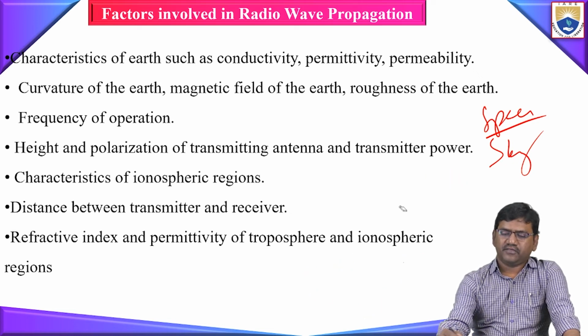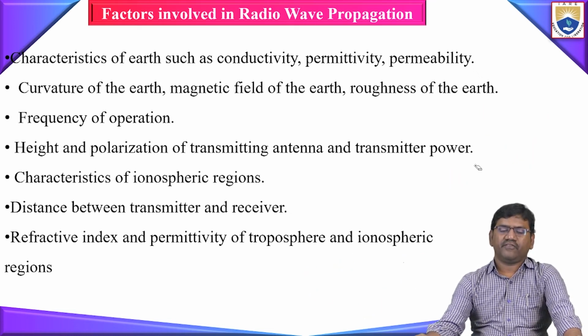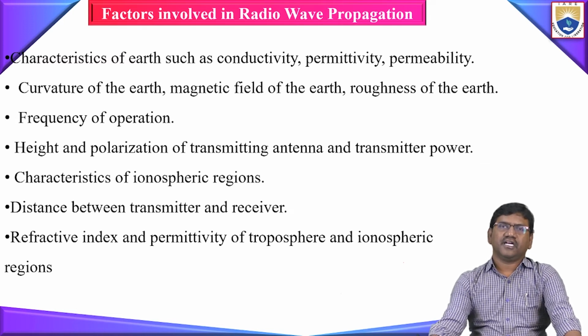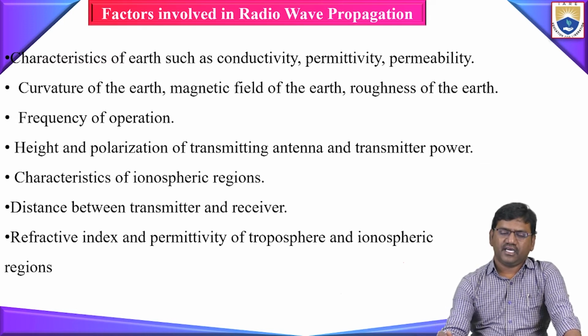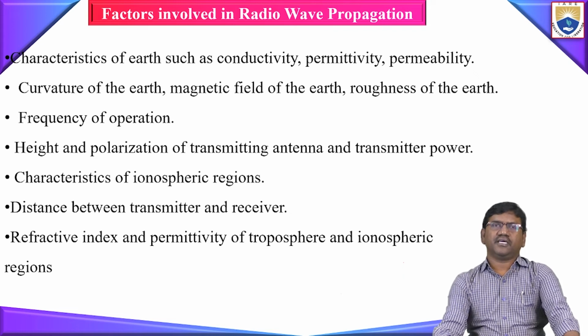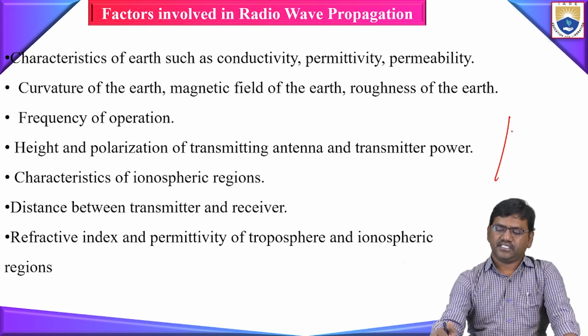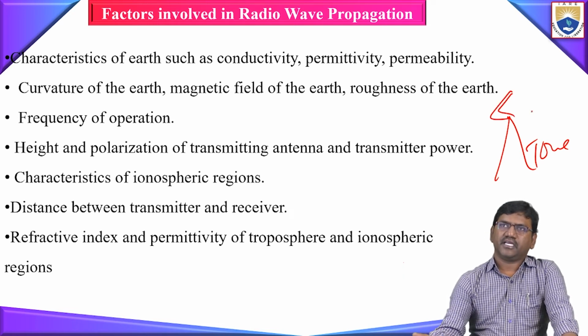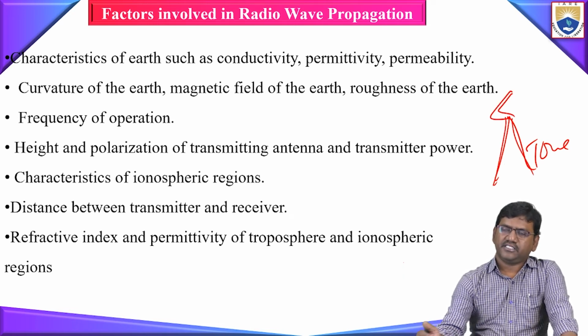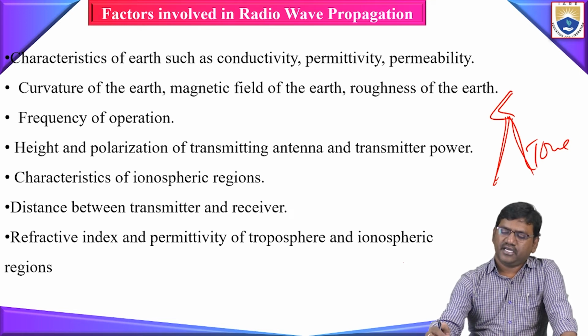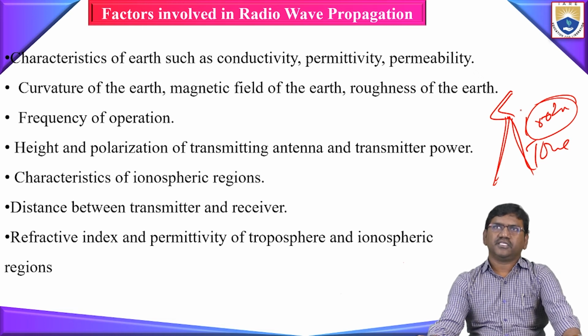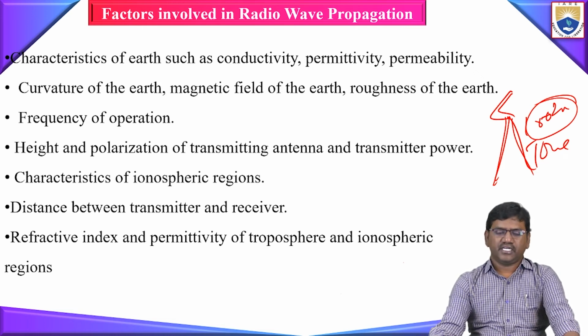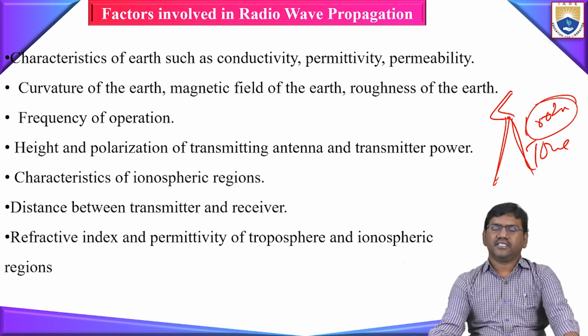The height and the polarization of the transmitting antenna and the transmitting power are factors which influence the reduction of signal strength. The transmitting antenna is placed on a base station, known as a tower, and this tower, the microwave station, is around 100 to 200 meters high. We place the transmitting antenna at that height so that the signal is directly propagated to the receiving antenna.